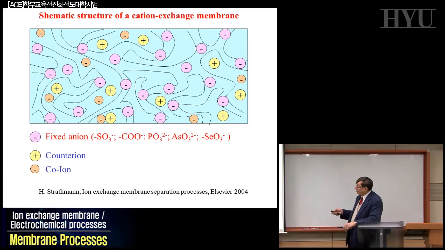We already mentioned, talking about nanofiltration, that the ion exchange membranes can be cationic or they can be anionic. And you know that cationic means ions charged positive, and anions are the ones charged negative. And we can have material in which only cations can go across, or material in which only anions can go across.